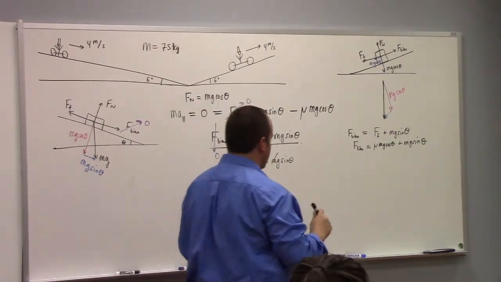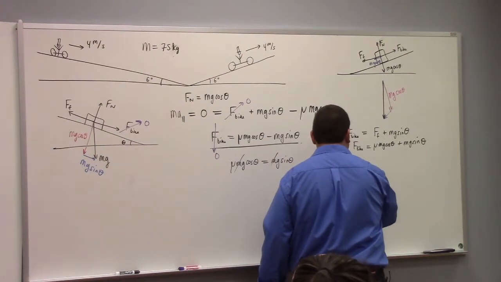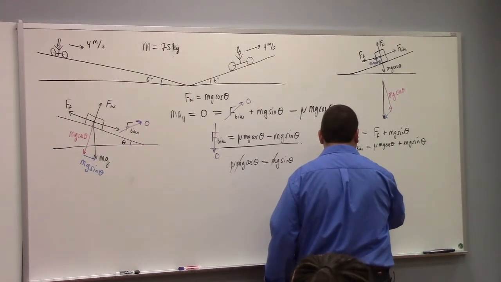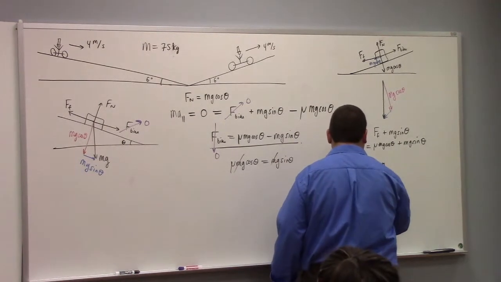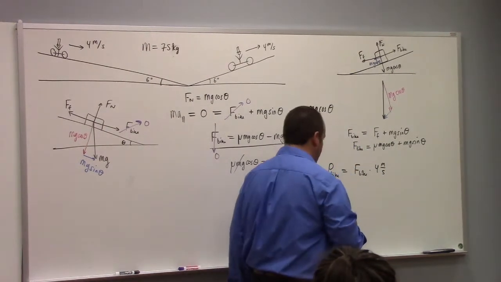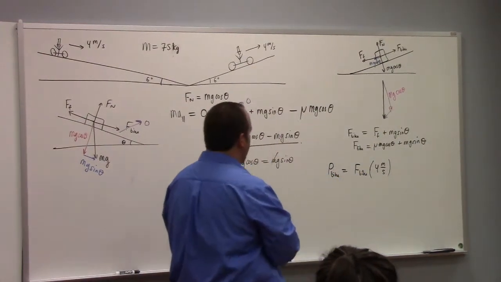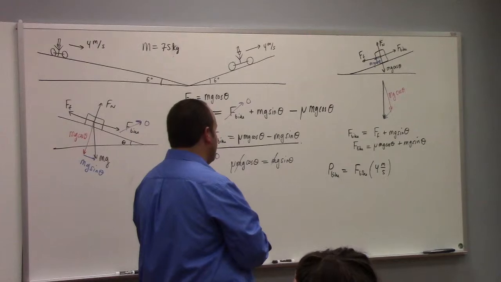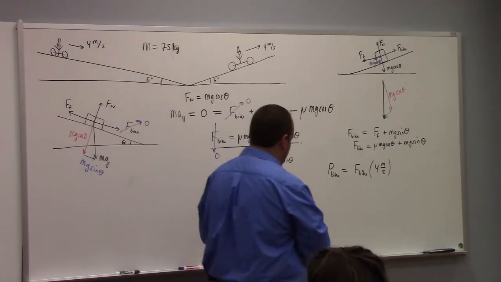So the power developed by the bike is just equal to the force of the bike times 4 meters per second. But we know everything here, so we can figure that out, right?